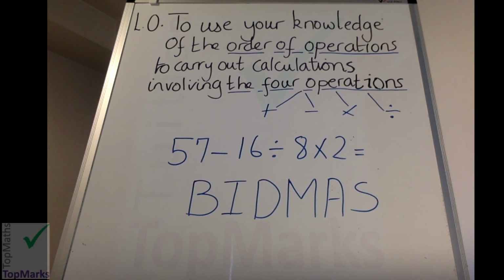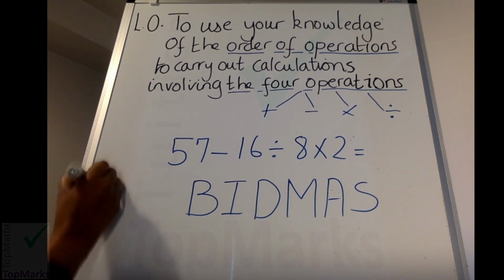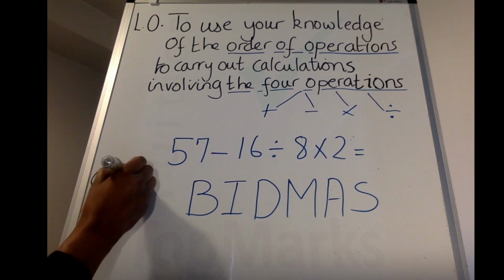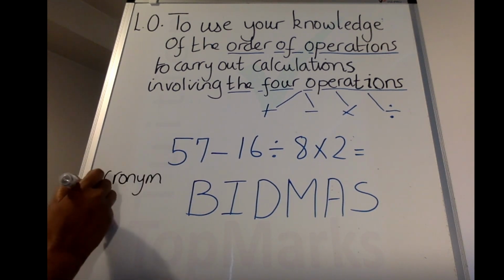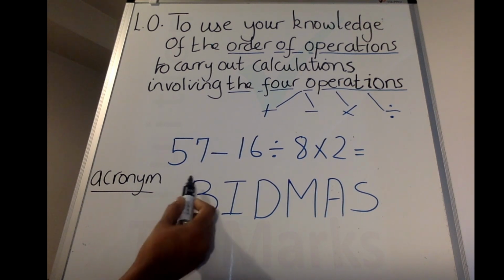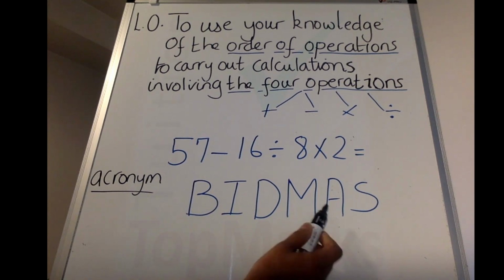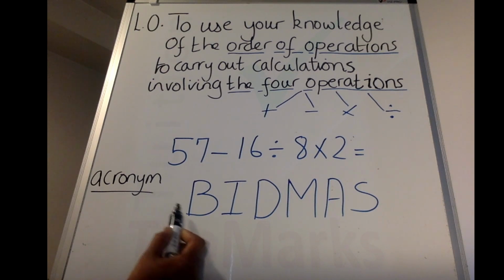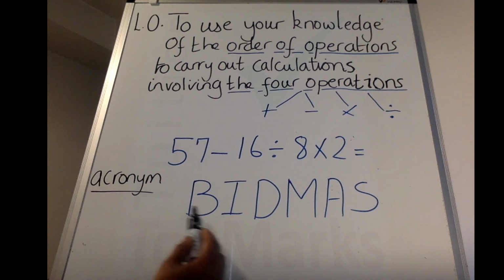BIDMAS is what we call an acronym. An acronym is a word that we form when we use the first letter of a group of words. An acronym is a word that makes it easy for us to remember those other words. Let's see what BIDMAS stands for in maths.